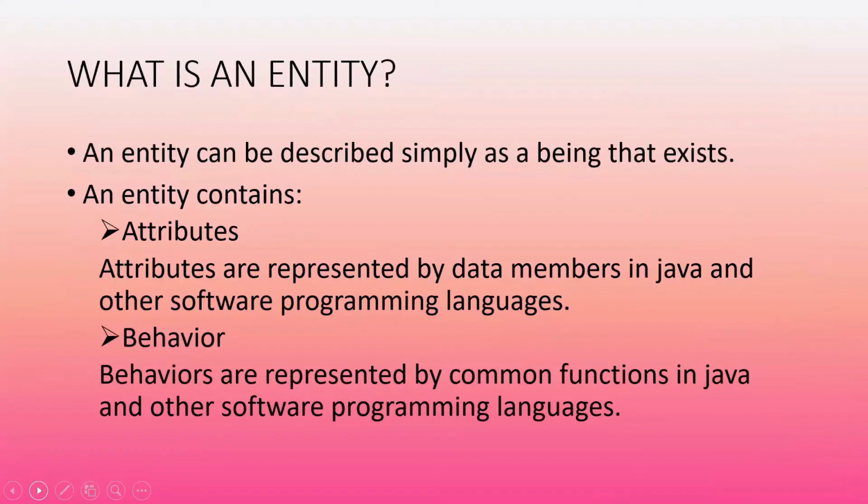Now, what exactly is an entity? An entity can be described simply as a living or non-living being that exists in this world. What an entity contains is what is very useful for software.